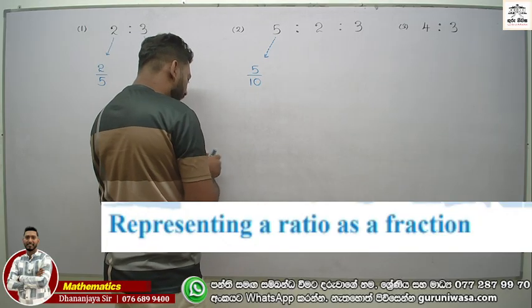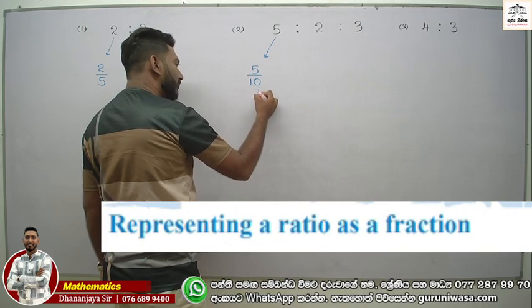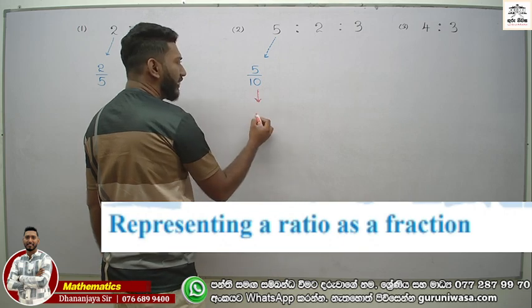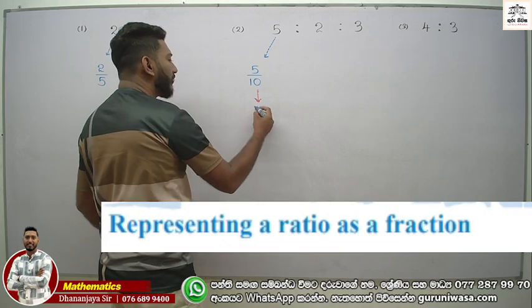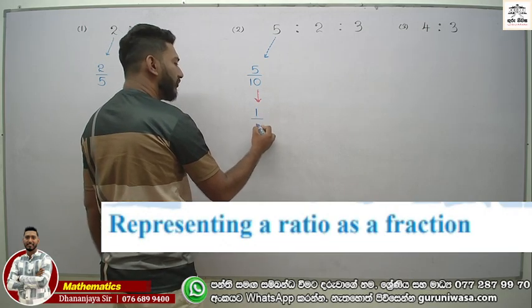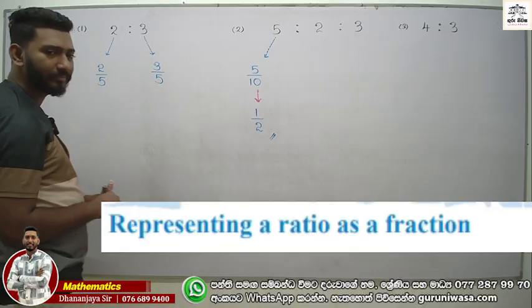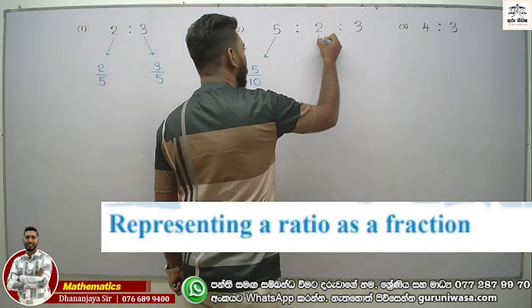And also you can simplify this one. How to simplify 5 over 10 using equivalent fractions? Therefore, you can write 5 as 5 times 1 and 10 as 5 times 2. Got it? Now look at the middle one.